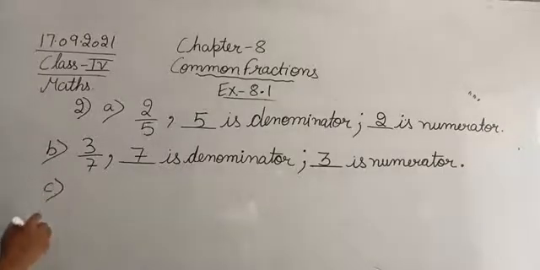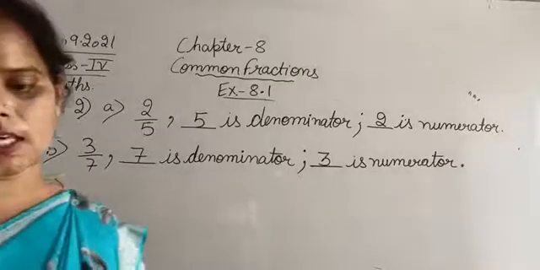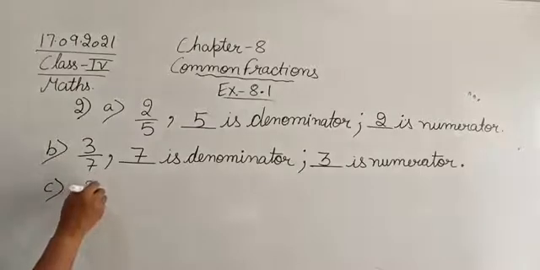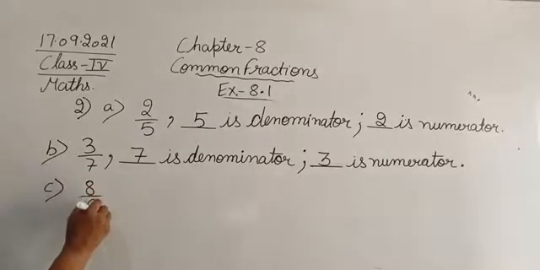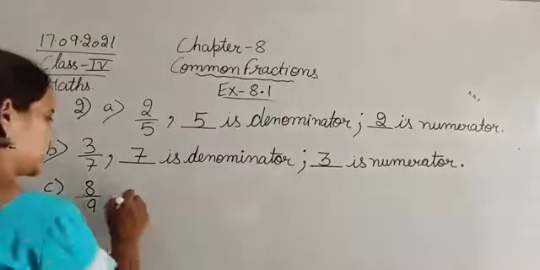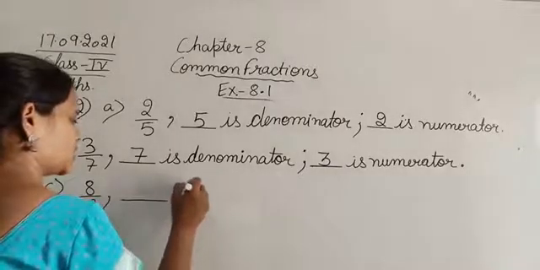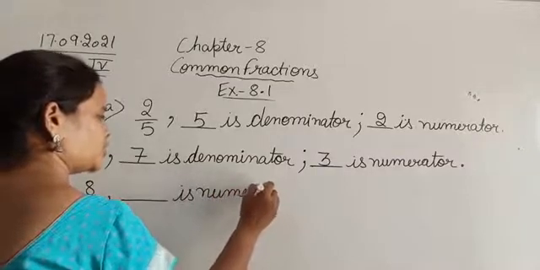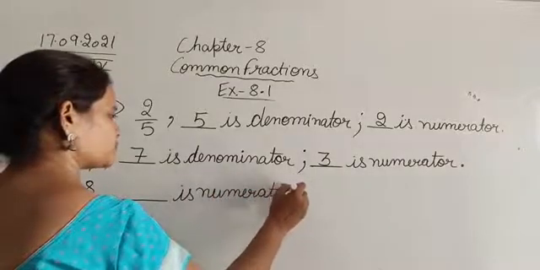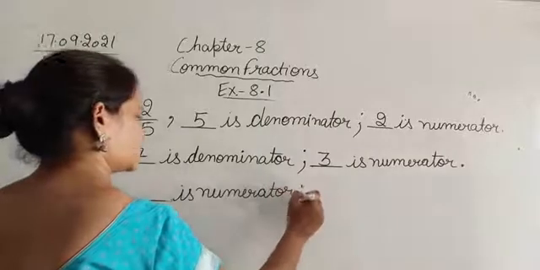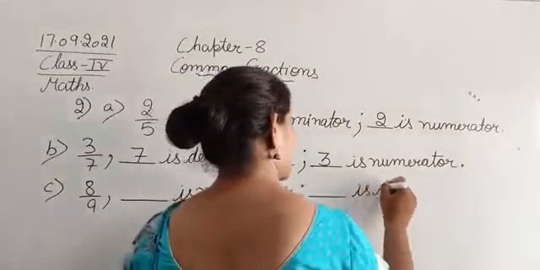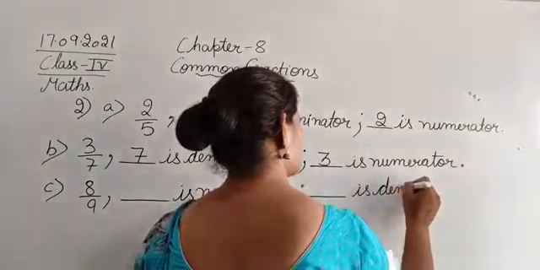Moving next to the C part. The C is 8 upon 9. Dash is numerator. अब देखिए, उन्होंने पहले numerator पूछा. Dash is numerator and dash is denominator.